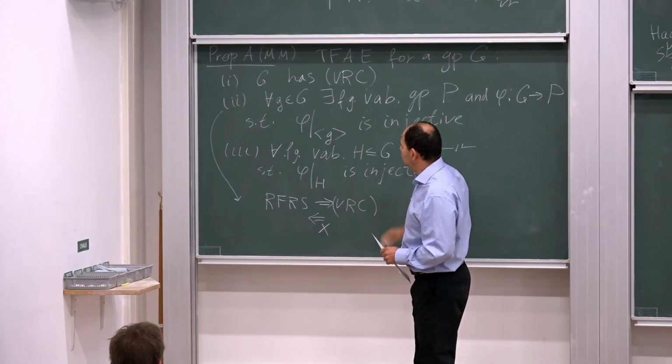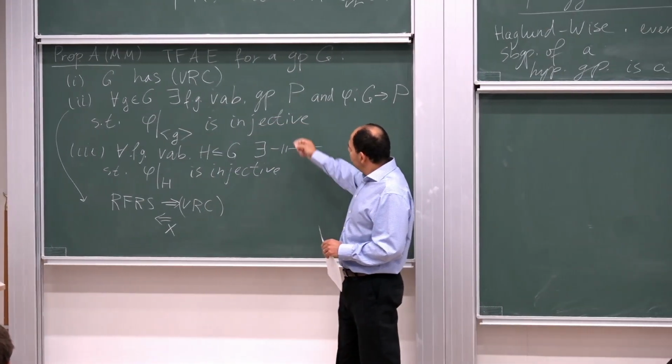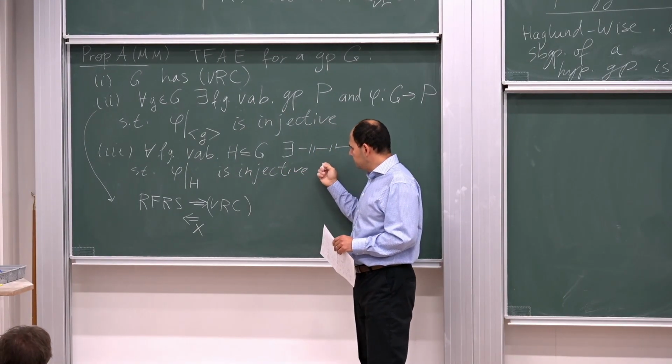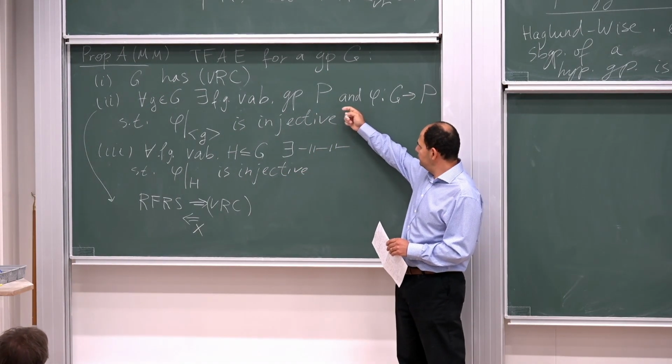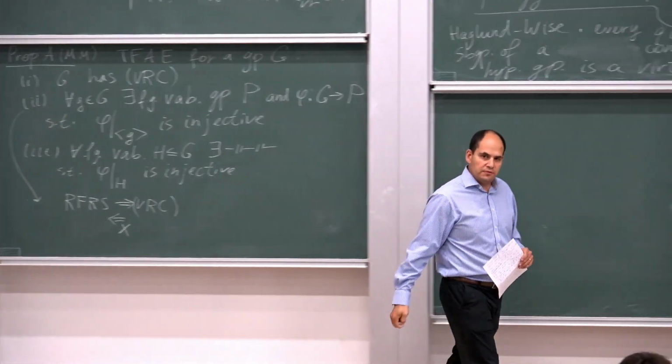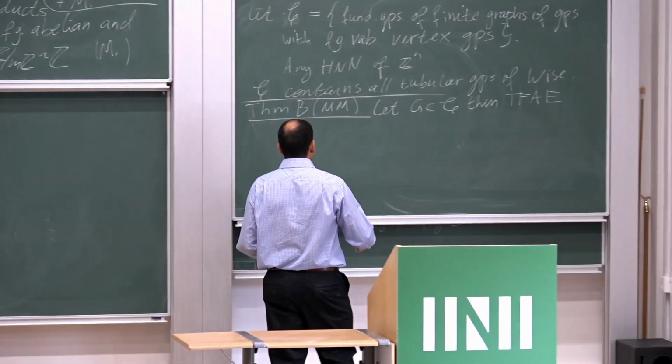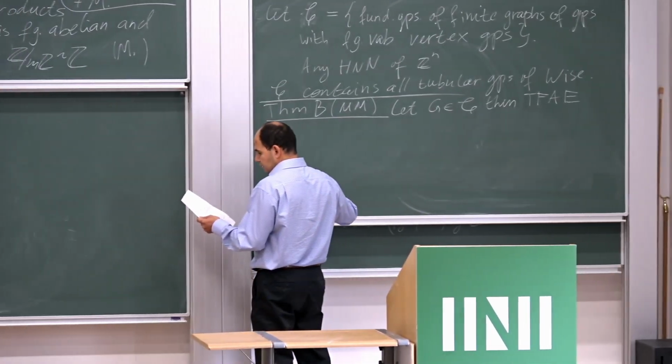Now look at the second condition. It says G has VRC if and only if for every virtually abelian subgroup there is such a homomorphism to a virtually abelian group P injective on that subgroup. So in fact here, we say that it's enough to consider vertex groups.